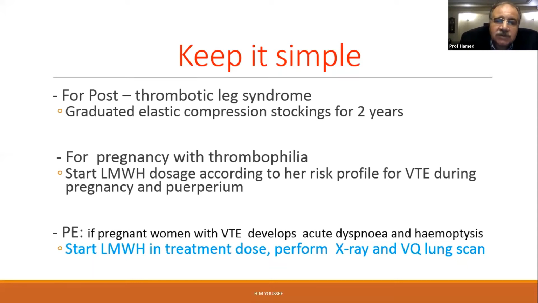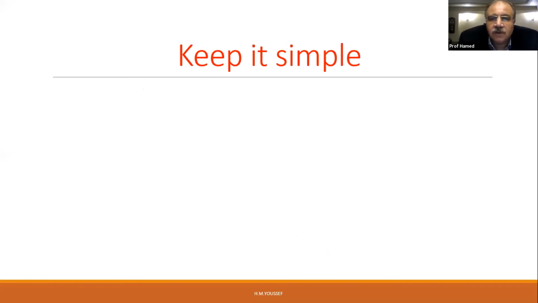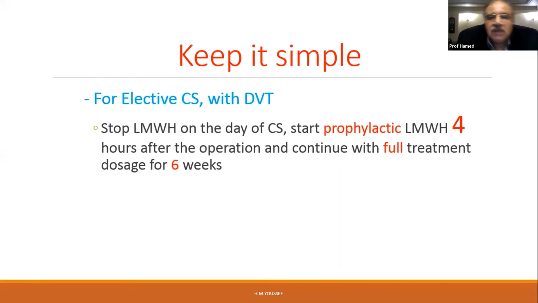For pregnancy with thrombophilia, you have to start low molecular heparin according to her risk profile. Pulmonary embolism: if the pregnant woman with VTE develops acute dyspnea, you have to think of pulmonary embolism and start the treatment immediately, and then ask for what I'd like to ask about it to prove or disprove the presence of pulmonary embolism.